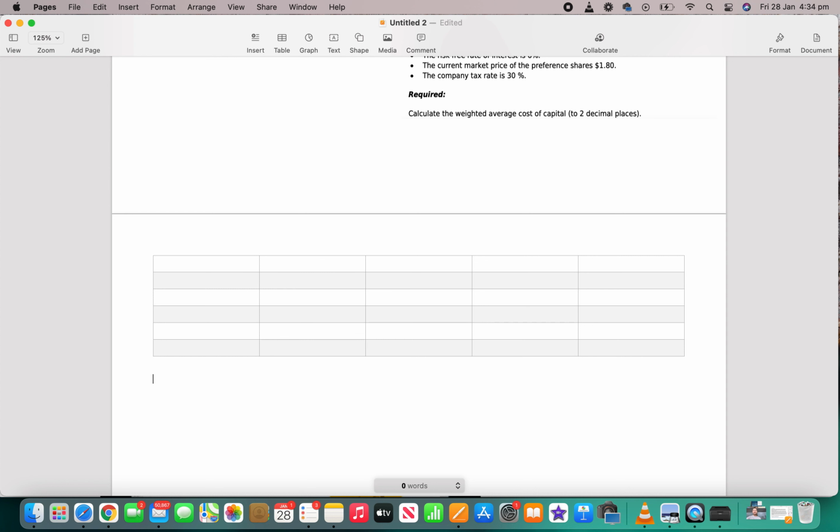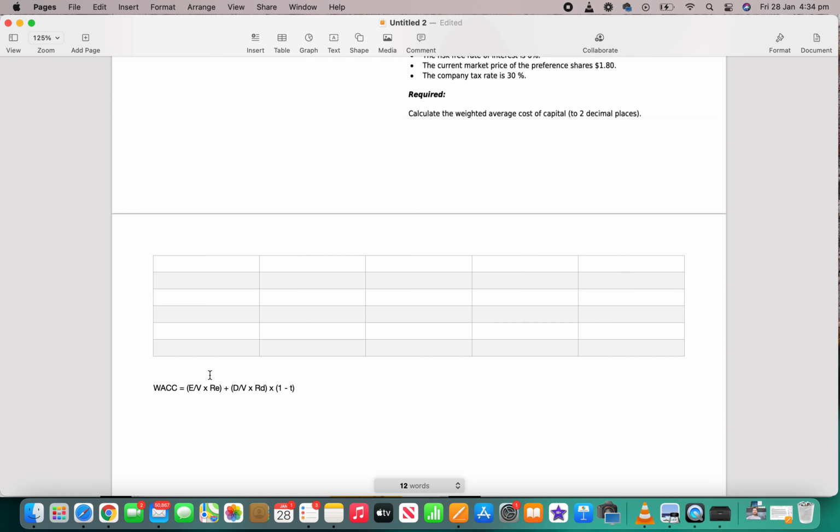I might show you the formula: E over V times RE plus D over V, which is debt over V, which I'll show you is the sum of the market value of both debt and equity, times RD. But if you watch the collaborate, you should probably know this whole formula by now, and then times 1 minus T.